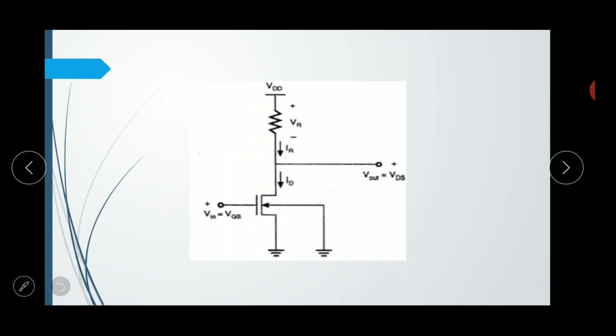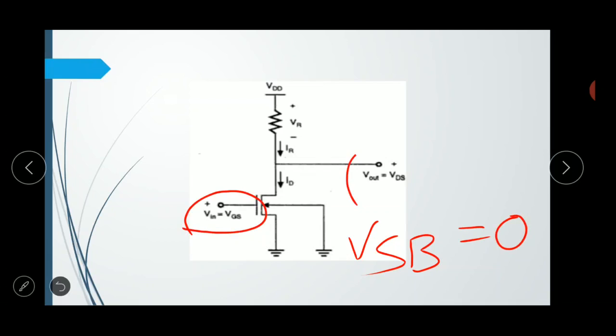This means the source and substrate terminals of the driver transistor are both connected to ground, hence VSB equals 0. And Vin is VGS and Vout is VDS.